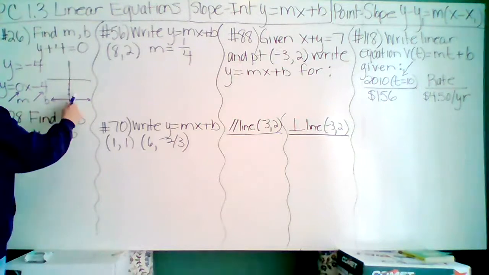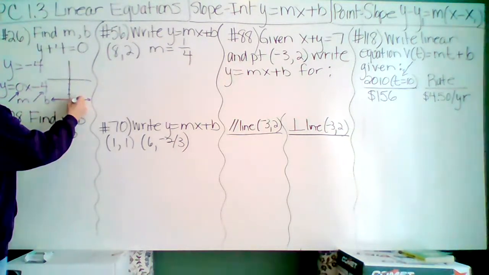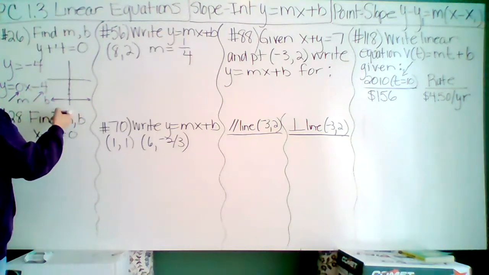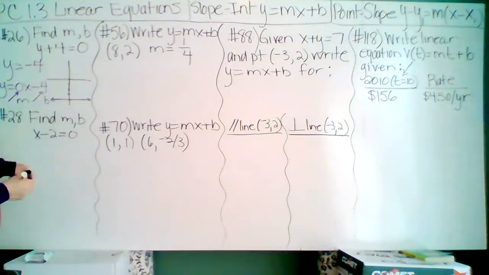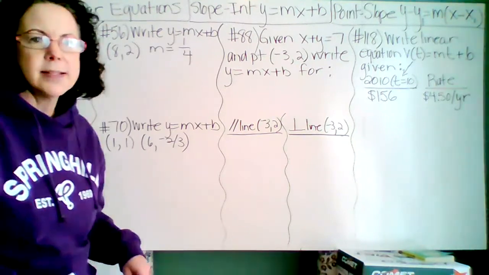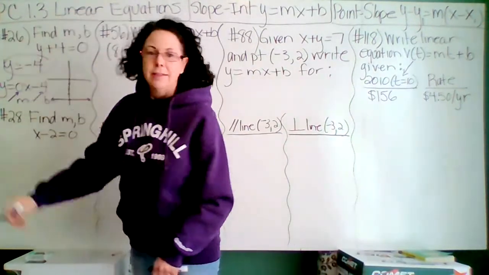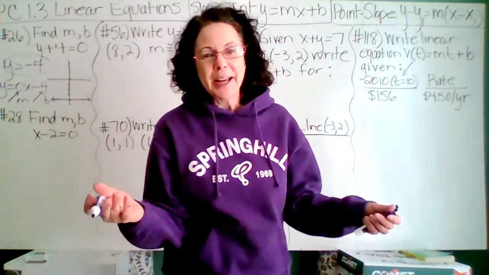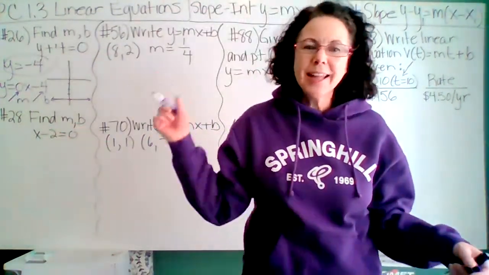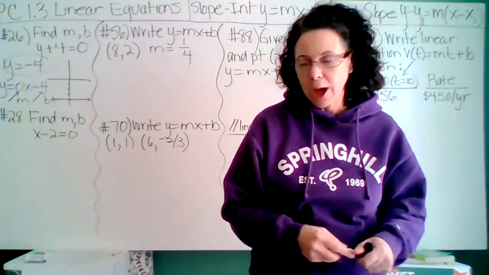Every single point on this line, here's the point 0, -4, 1, -4, 2, -4. Notice that as the x changes, the y is always -4, hence the y equals -4 line, because no matter what x is, the y stays the same.